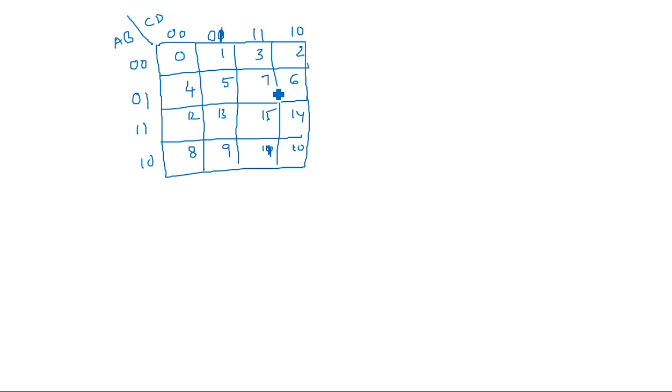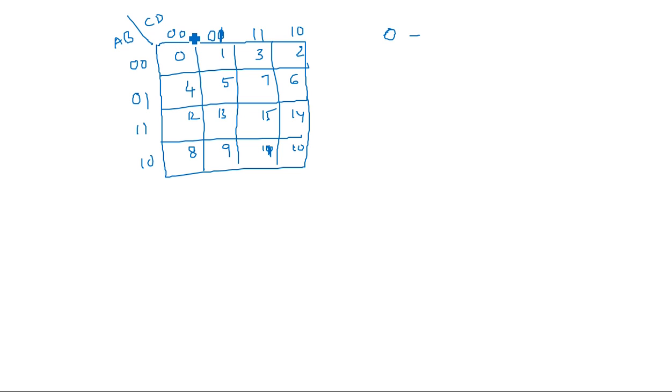Now the main difference between SOP and POS is the representation of the expression of the Boolean function. Now how to write the expression for the location 0? What are the corresponding values for A B C D here? A is 0, B is 0, C is 0 and D is 0.